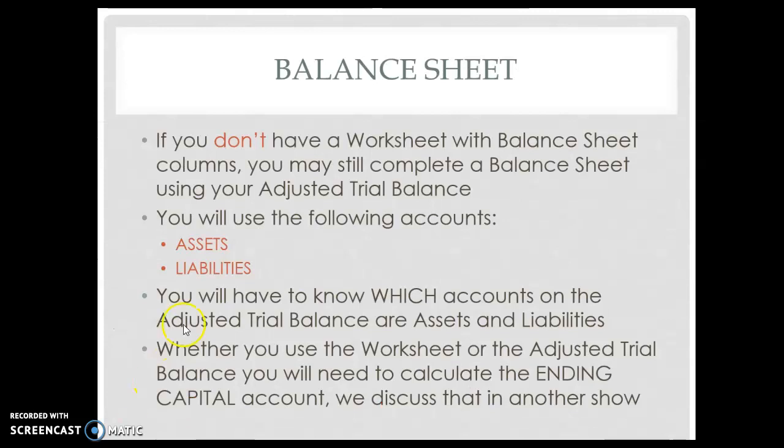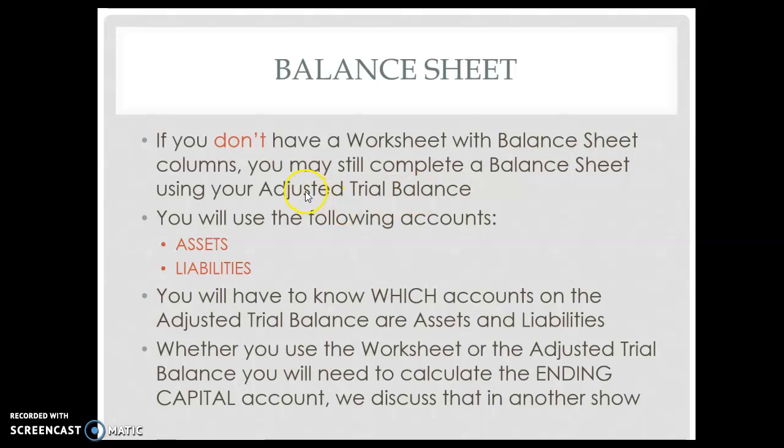If you don't have a worksheet with balance sheet columns, you can still make a balance sheet when you do financial statements. You can use your adjusted trial balance, just like we did with the income statement.